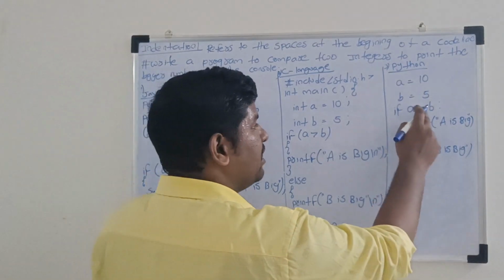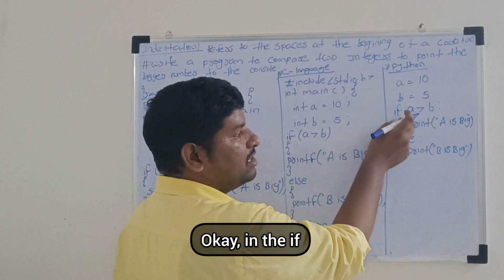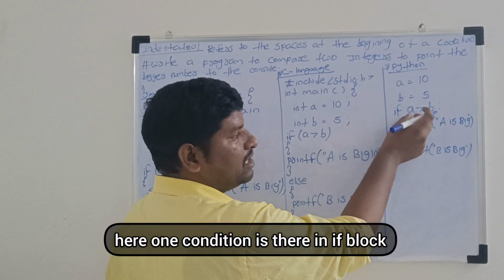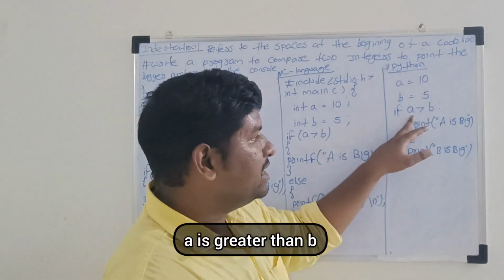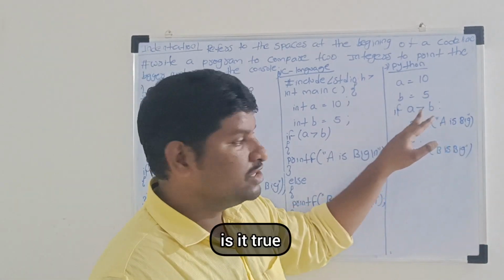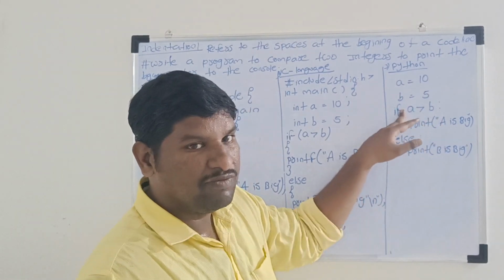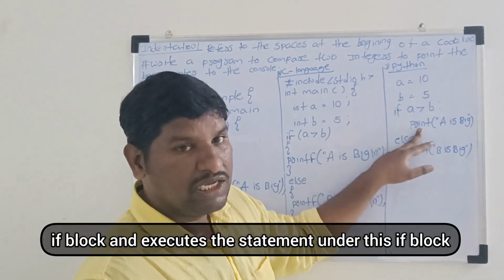Here greater than is the comparison operator. There is one condition in the if block: a is greater than b. Is it true? If it is true, then the controller jumps into the if block and executes the statement under this if block.